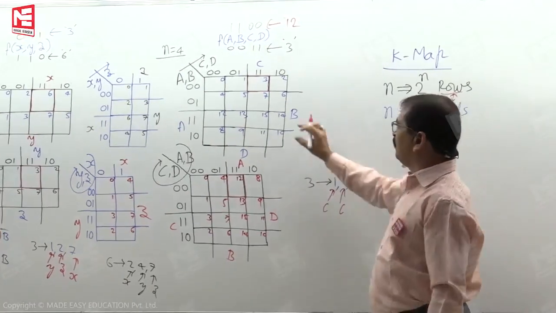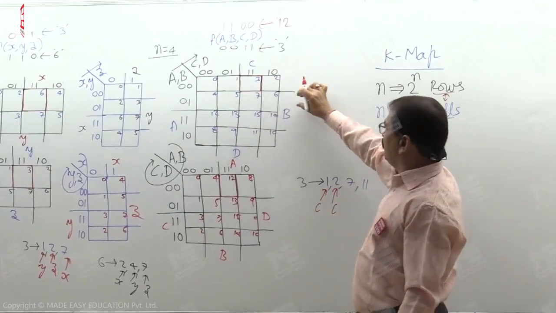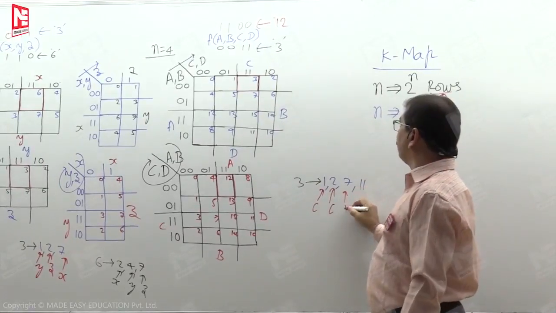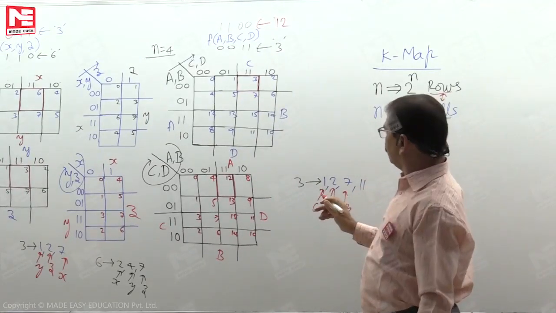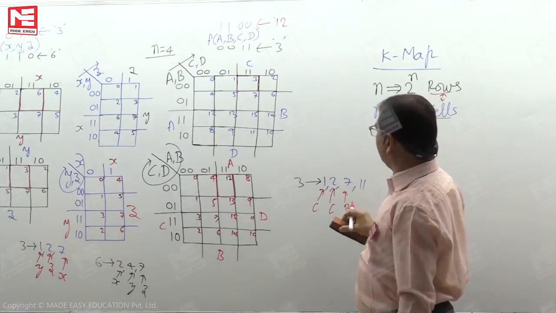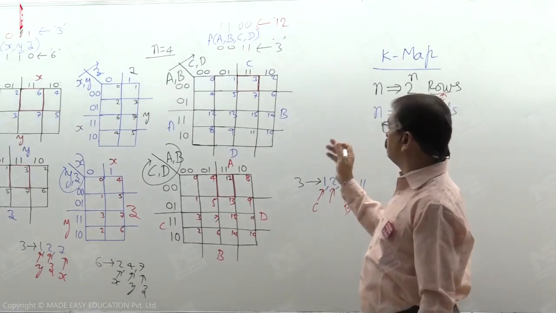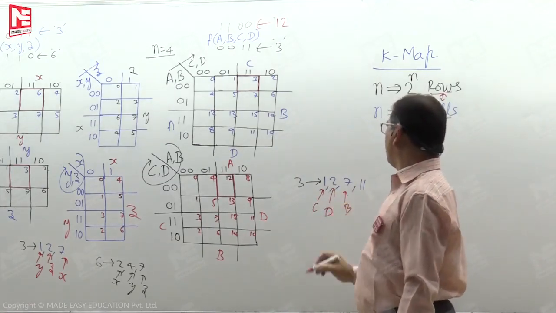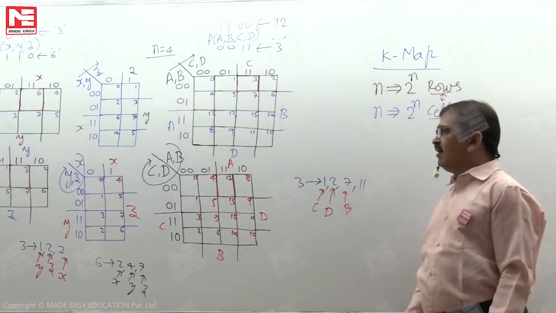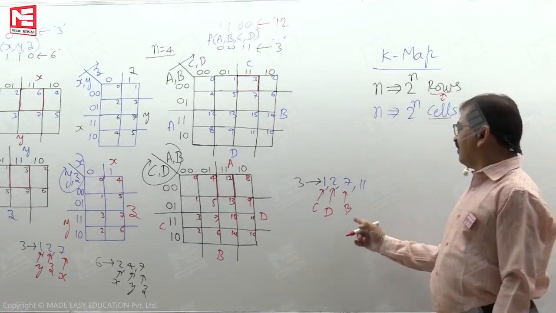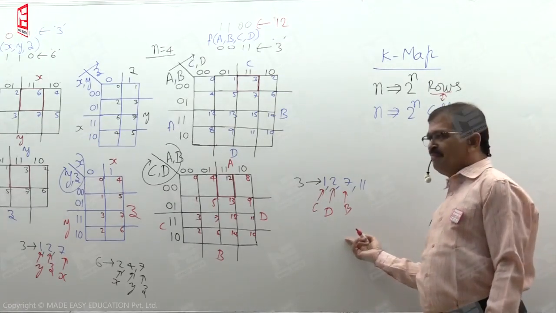Similarly, 7 differs in variable B. And if you look at 11, B, C, D are completed.